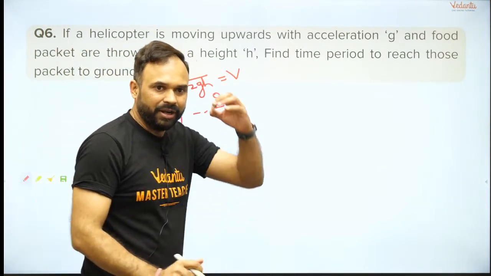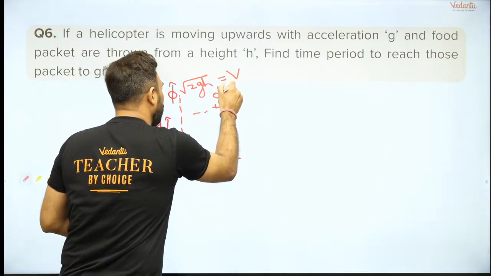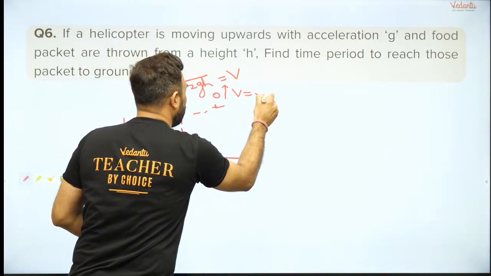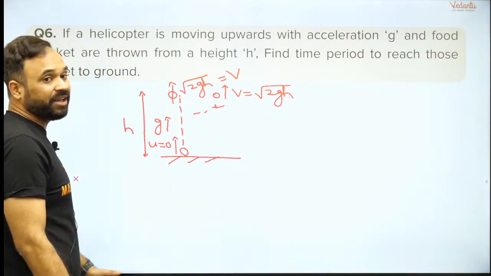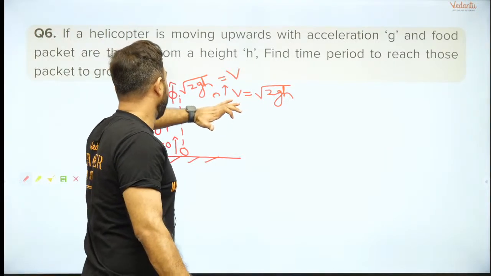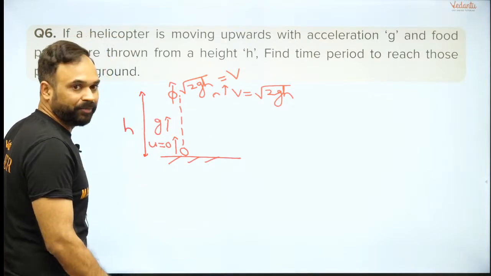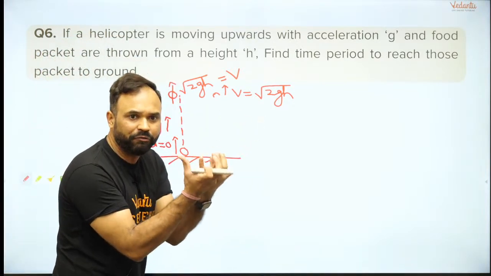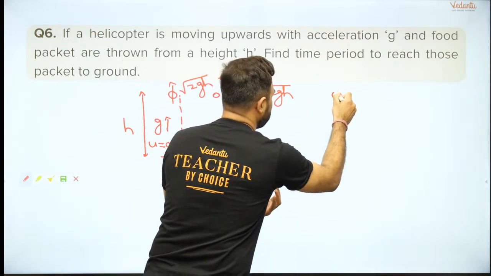Now when the helicopter was having this velocity, a food packet was dropped. If I drop a food packet here, this food packet will also acquire the same velocity. When I drop a food packet there, the food packet will have the same velocity, that is v is equal to root 2gh in the upward direction as initial velocity, right?